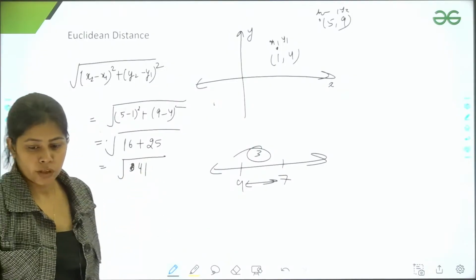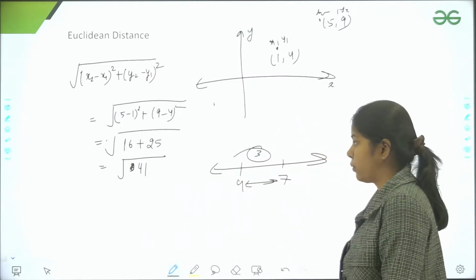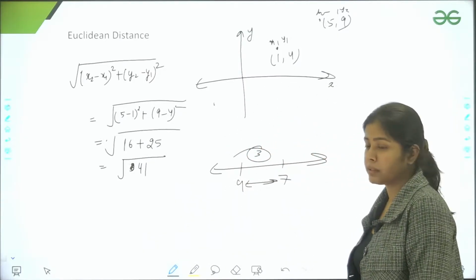So square root of 41 is the distance, right? Square root of 41 is the distance.